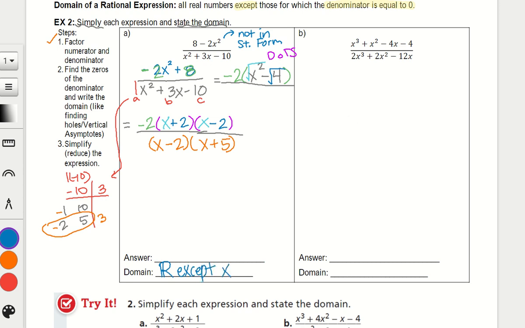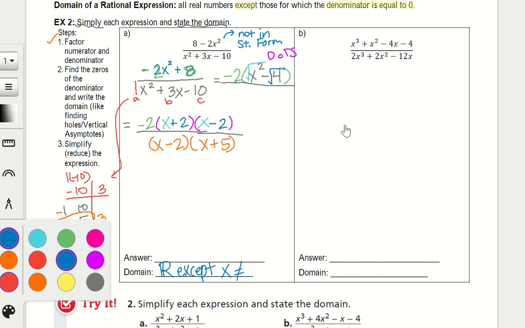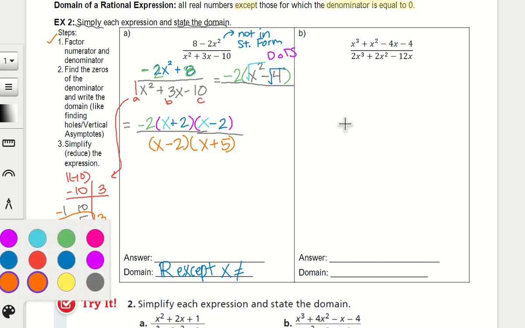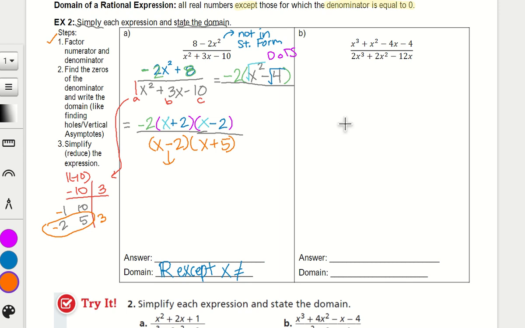So except our x is not allowed to equal what values would make our denominator 0. So this 0 would be positive 2, and this 0 would be negative 5. So I only care about my denominator zeros. So it can't be positive 2, and it can't be negative 5.